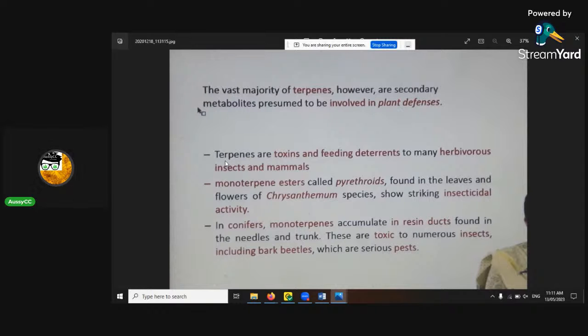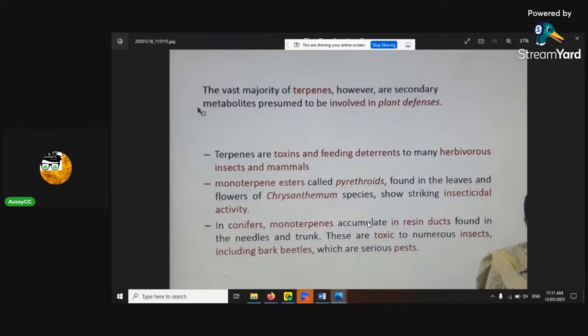So terpenes are toxins and feeding deterrents to many herbaceous insects and mammals, microbes. Monoterpene esters, called pyrethroids, found in the leaves of chrysanthemum species, show striking insecticidal activity properties.